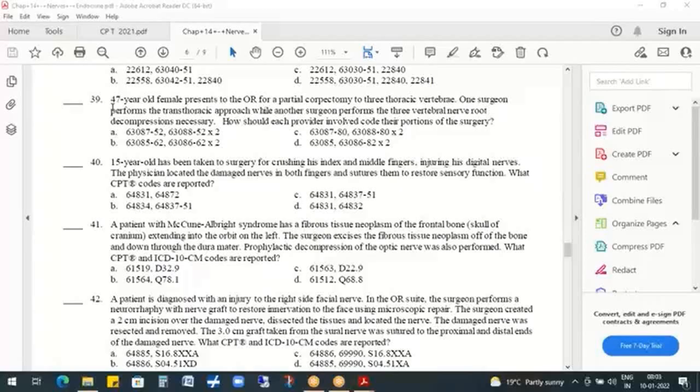Understood everyone? Neurography is the procedure performed. What are the codes? 64831, 64832. Location of the nerve is distal nerves. You just need to read the code and you can rule it out. If you go with 64831, like that you can read the codes and rule it out.